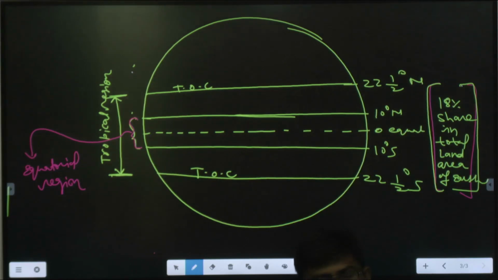Within tropical region, the majority proportion is concentrated within the equatorial region.